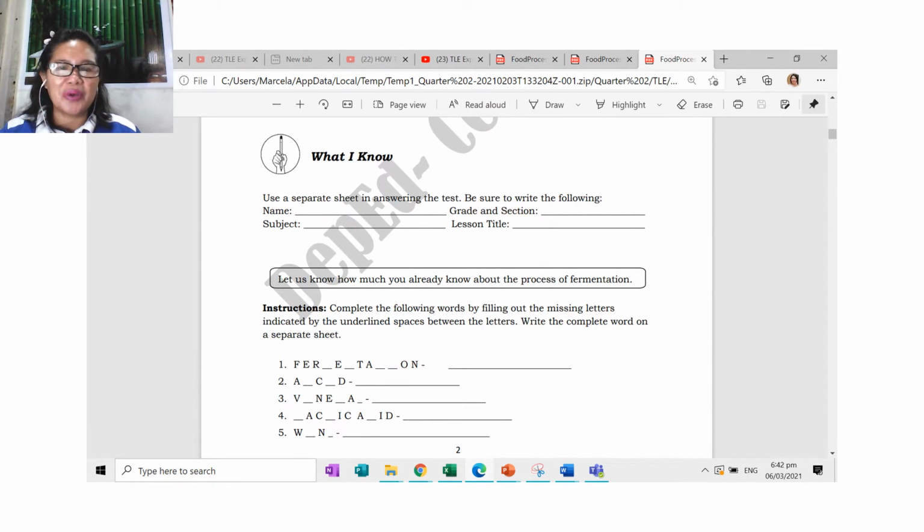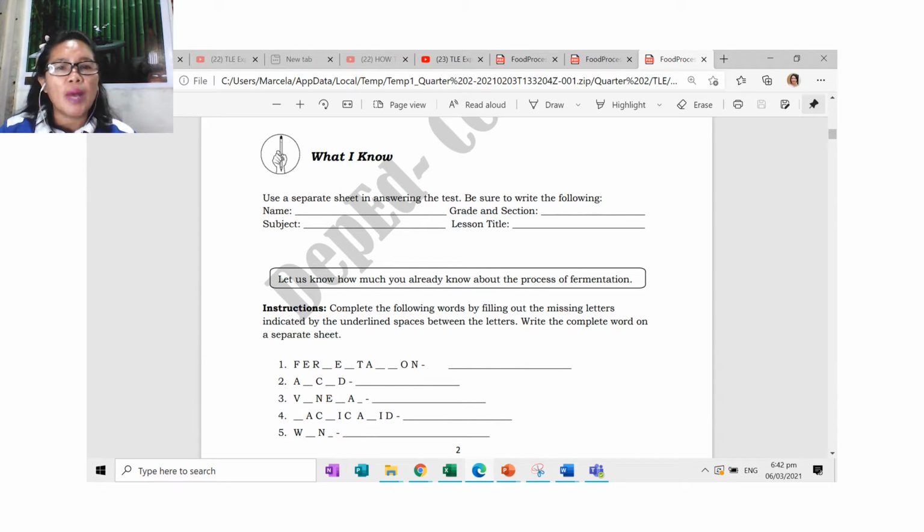We are now in our pre-assessment. This is what I know. You are going to use a separate sheet in answering the test. Be sure to write your name, your grade and section, your subject, and the lesson title.